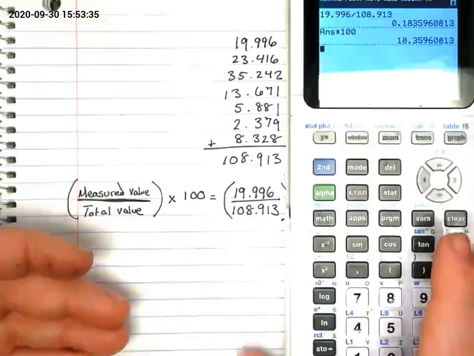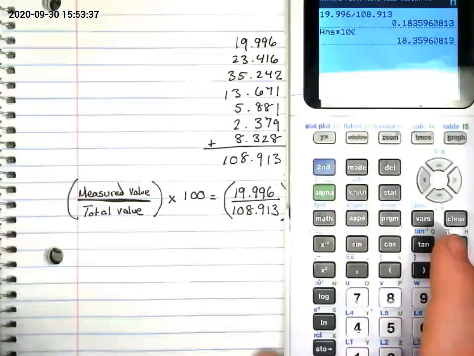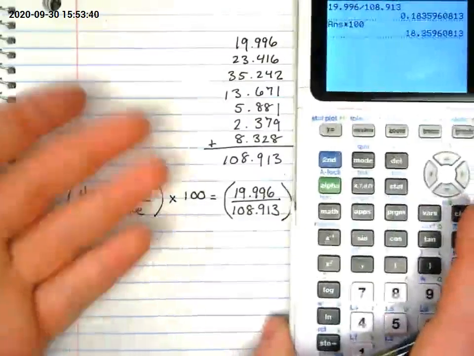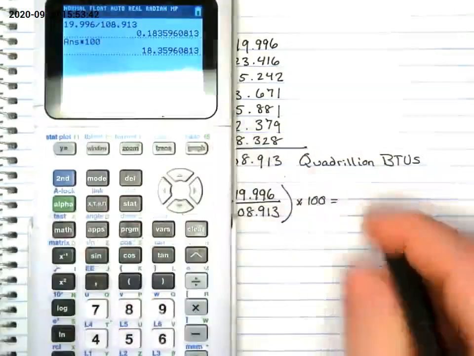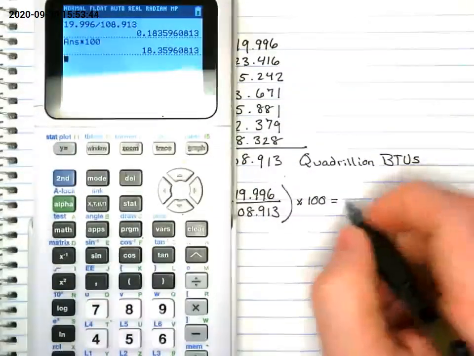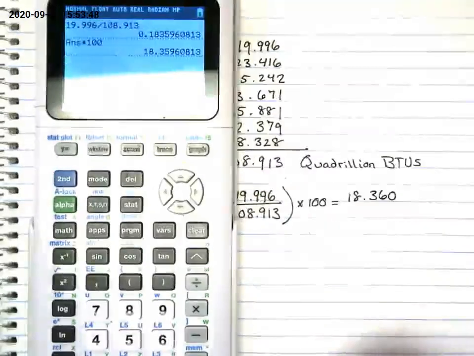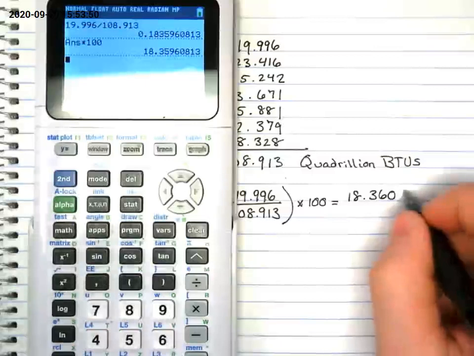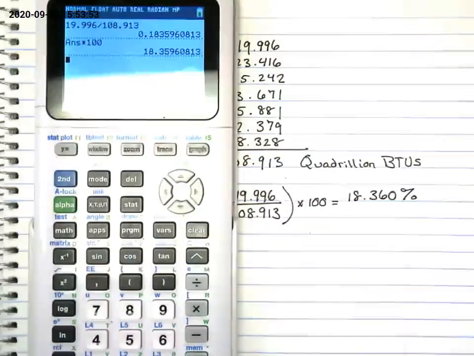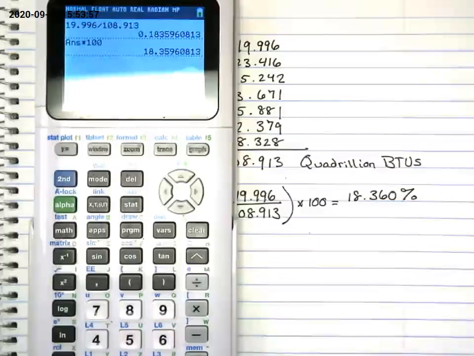In this case, it's 9, so we bump that 9 to a 10, and because it becomes a 10, it throws a 1 to that 5. So it's 18.360. Okay, and that's the percentage we got.